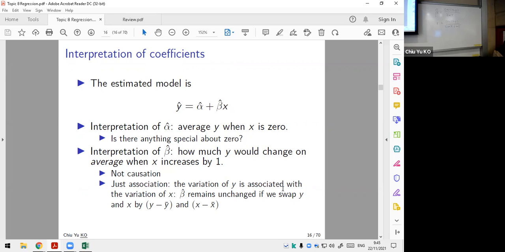And what is alpha? Alpha is the expected value of y if x is zero. Do remember, I forgot to say it is the average of y, not just y, because you didn't talk about the error. But you know what I'm saying.